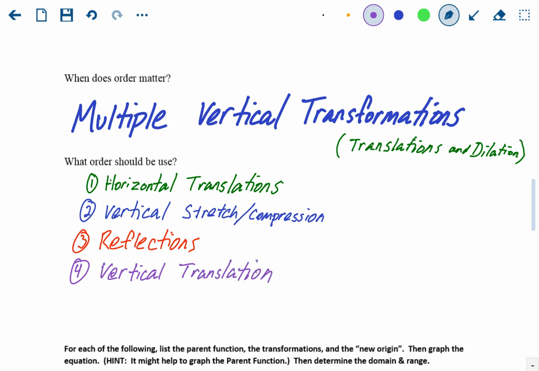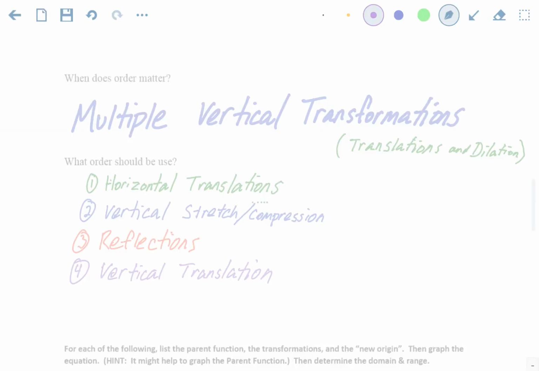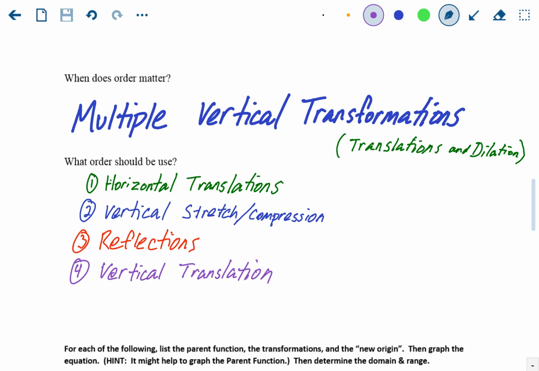Okay. Now again, in function form, it's starting on the inside and working your way out. So we just write a general function, f of x, and we put in every type of transformation that we have.